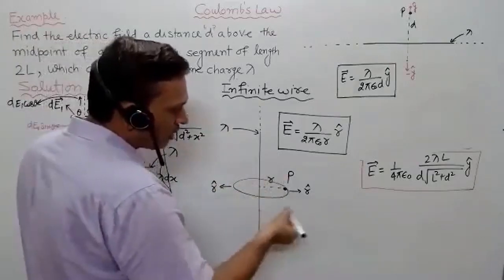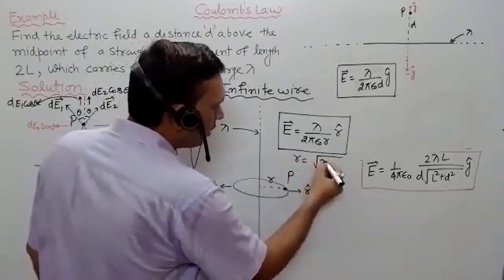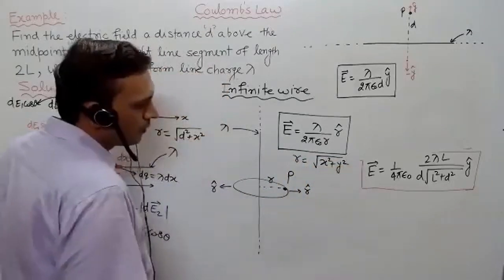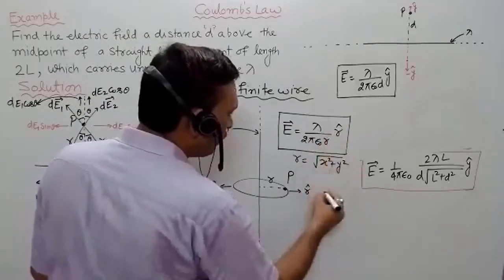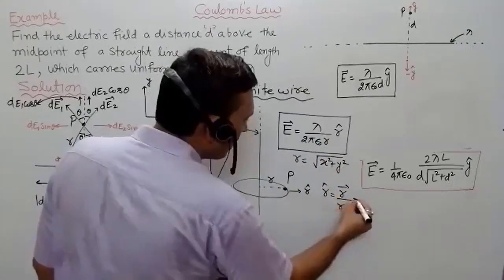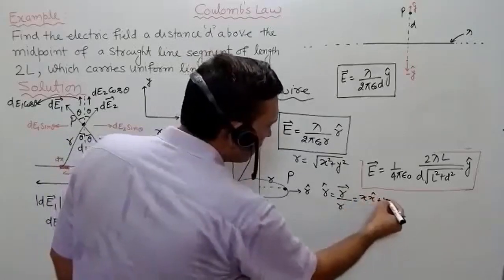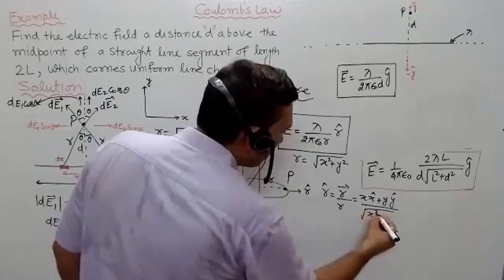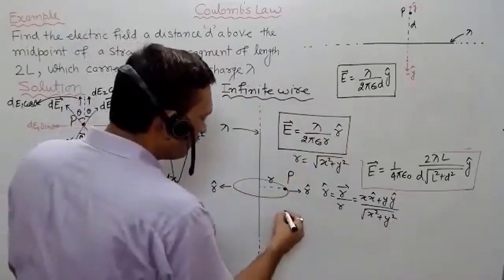So this circle is in the xy plane. R we can write as under root x square plus y square. If you have to write r cap in the xy plane, it is vector r by small r. So this is x x cap plus y y cap by under root x square plus y square. You can write it in another form also.